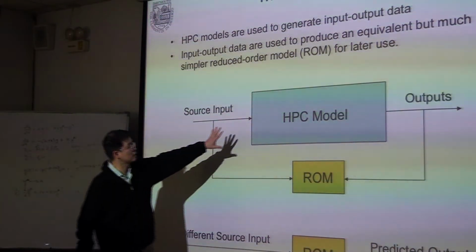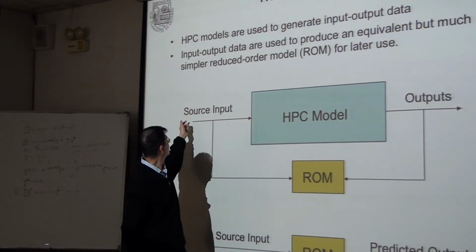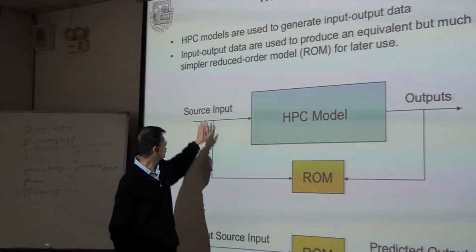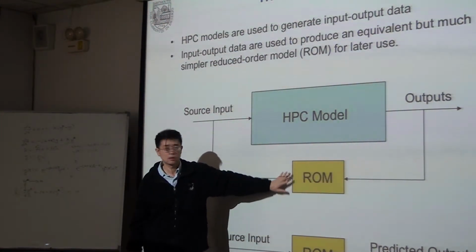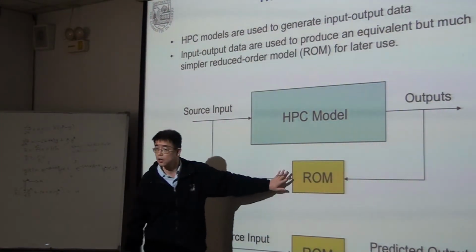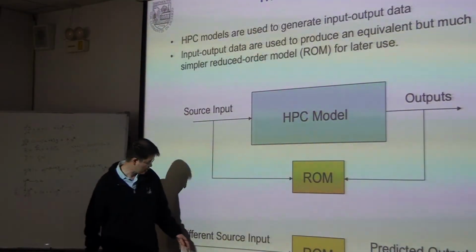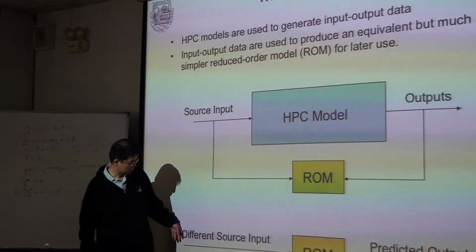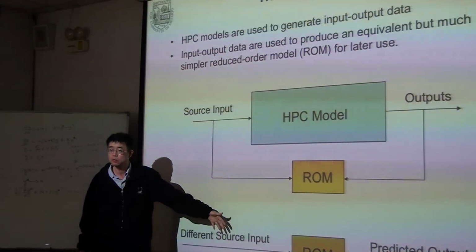So this is the idea again. You have a high performance computer model. You have a source signal coming in, and we have outputs coming out. We collect this input-output data and perform system identification. So if, for example, ERA can be done here, then we have a model. Then we can test this model by using a different source input.